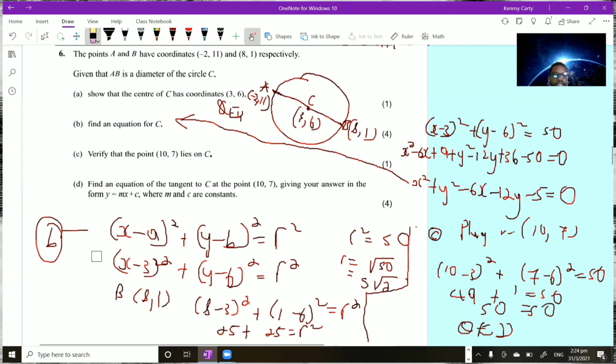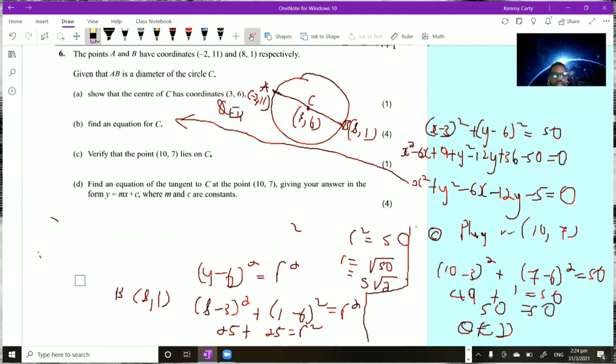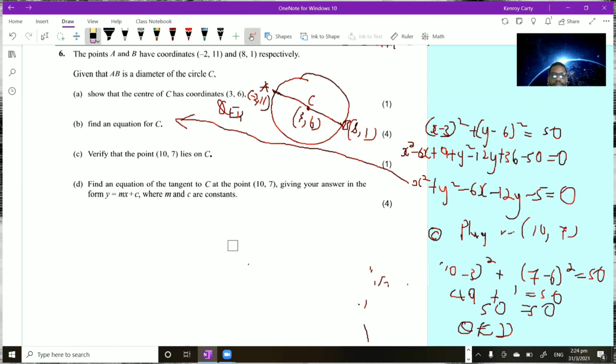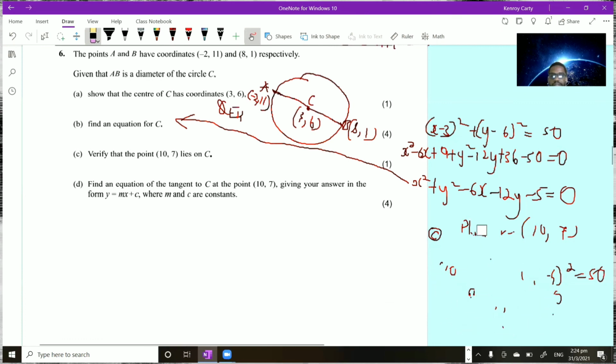All right, for part D, I'm going to need some space, so let me just erase this quickly so I can get some space to work my final question. It says, find an equation of a tangent to C at 10, 7 in the form y equal mx plus c. All right, 10, 7.